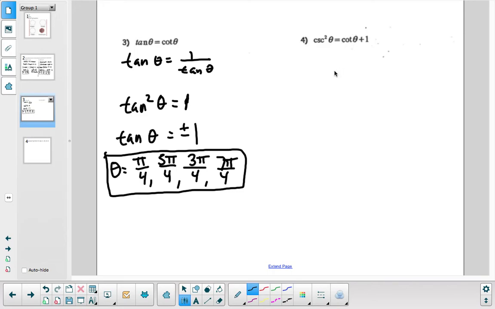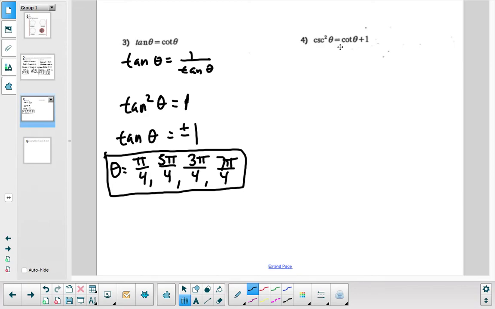Alright, cosecant squared equals cotangent plus 1. The issue is we don't have the same function going on. Both are over sine, so you could multiply both sides by sine squared, I guess. I wouldn't do that. But we do have our fancy schmancy Pythagorean identity that we can work with.